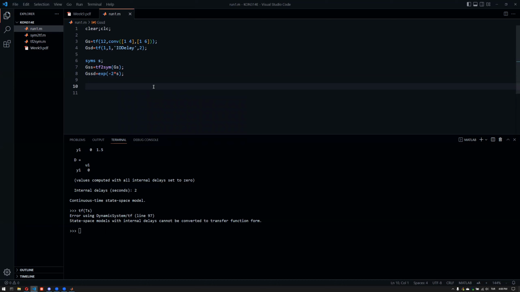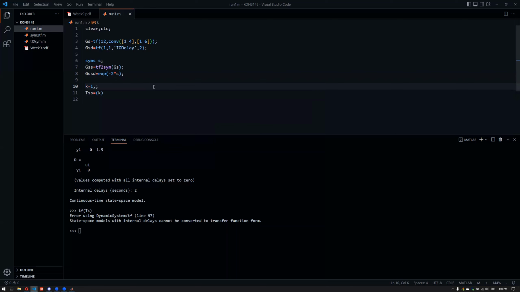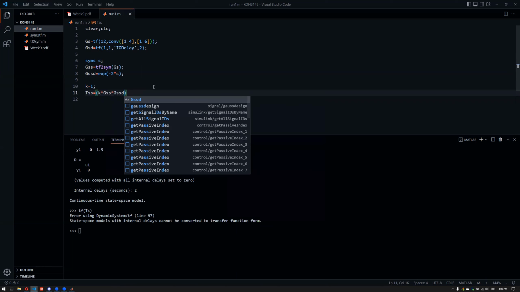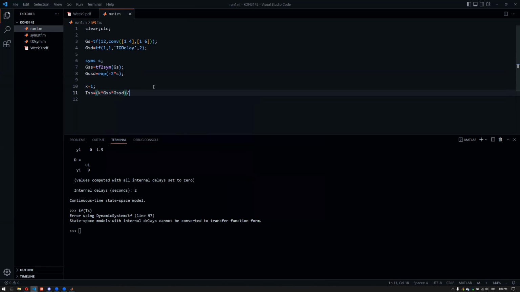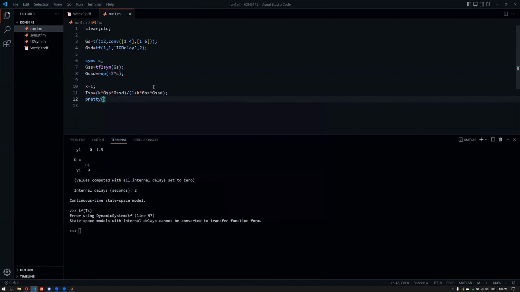And then we would have T_s and calculate this. K was 1, so let's say K equals 1. And then K times G_s times G_s_d divided by 1 plus this. Let's show it, and let's simplify the fraction here to have a nice result, hopefully.